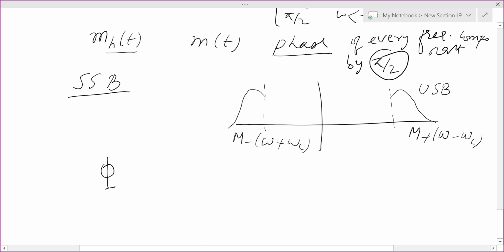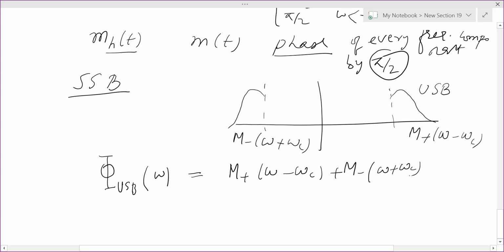So the single sideband for this will be, I will write Phi USB, upper sideband in frequency domain, of omega: M plus of omega minus omega c plus M minus of omega plus omega c.